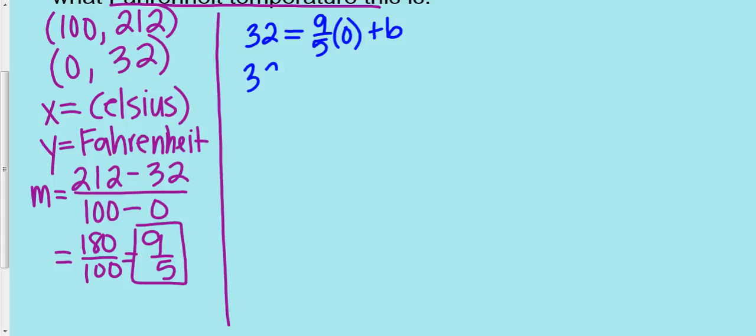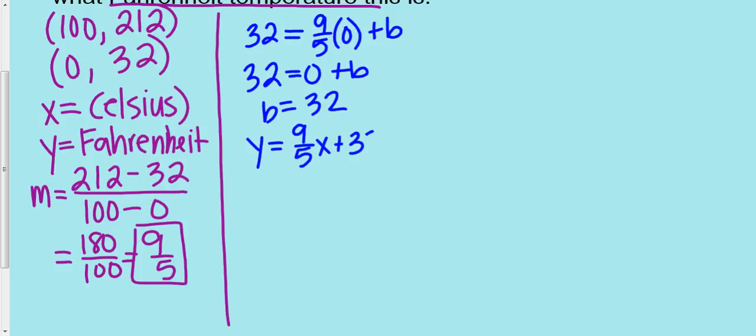So I have 32 is equal to 0 plus b. And so b is going to be 32. My equation: y equals 9/5 x plus 32. Okay, there you have it on that one.